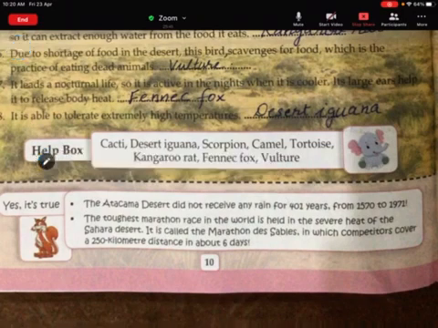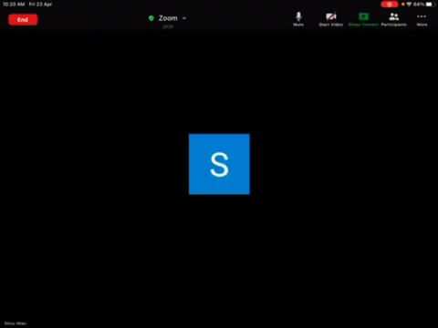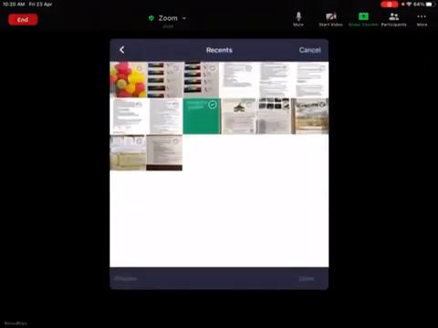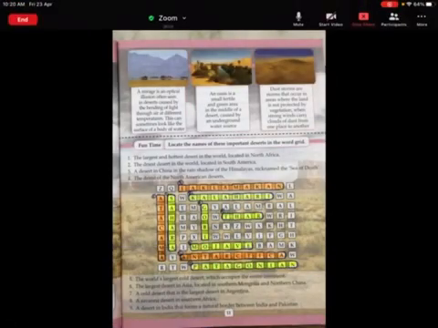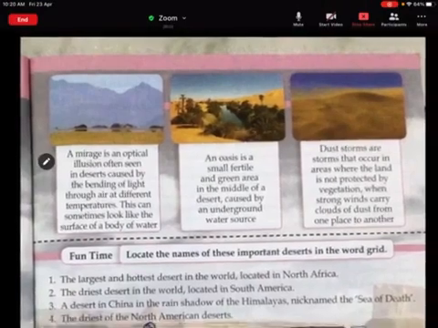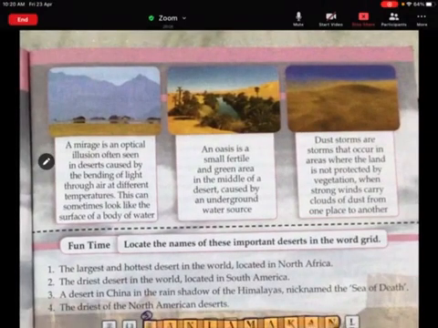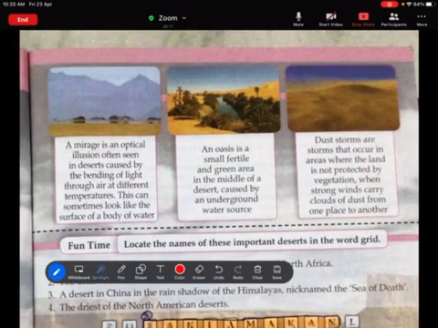Now let's move to some phenomena that occur in the desert. See, here you see as if water is there, a water body is there, but it is not a water body, it is like an illusion. A mirage.